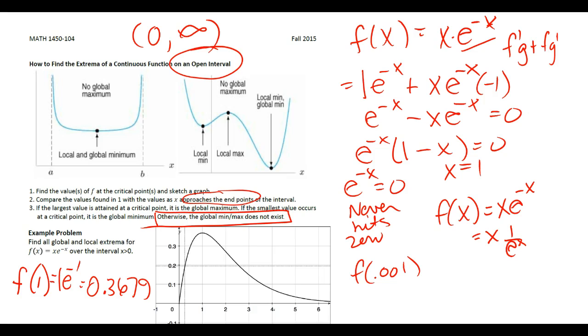I want the reciprocal of that. I'm going to say 1 divided by e raised to the 0.001.